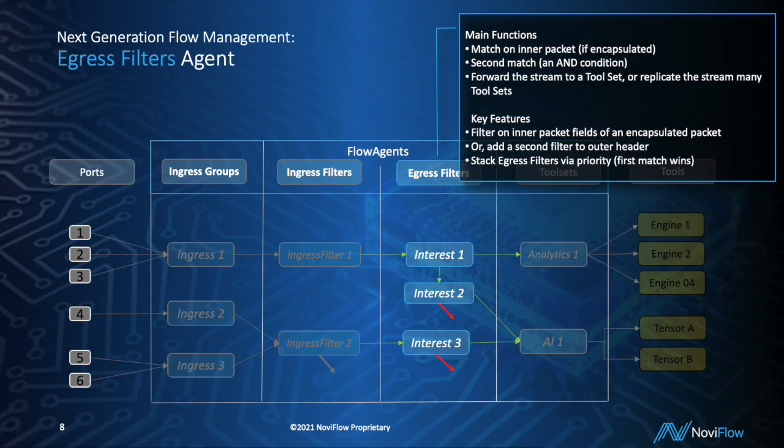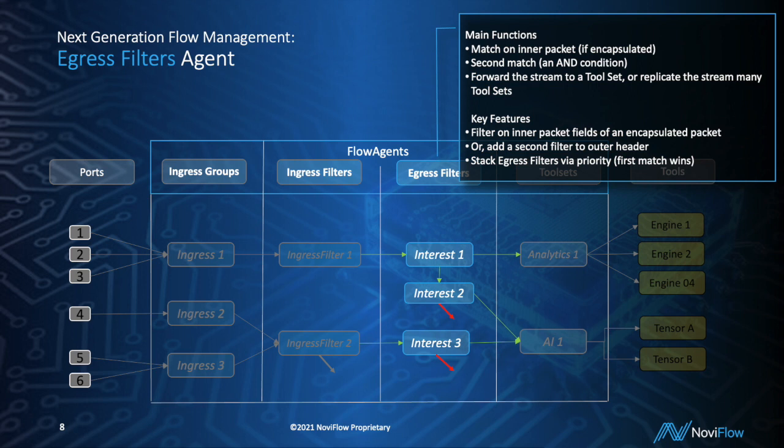Okay, next stage. Packets have now gotten through. They've been grouped. They've passed this filter. They now go into the egress filter side. And here we're showing that the client has crafted 2 egress agents, Egress 1 and Egress 2. So in here, we can match on the inner packet.